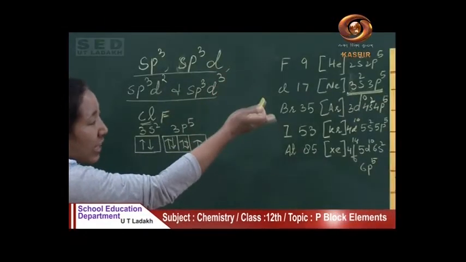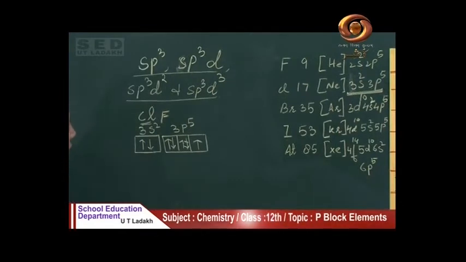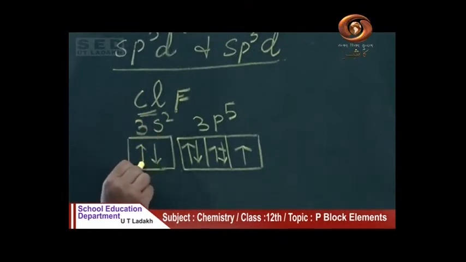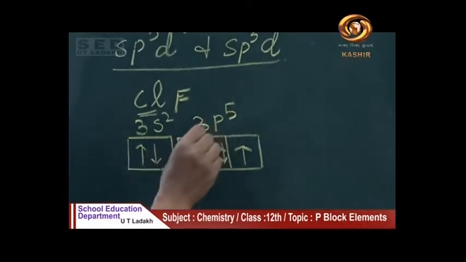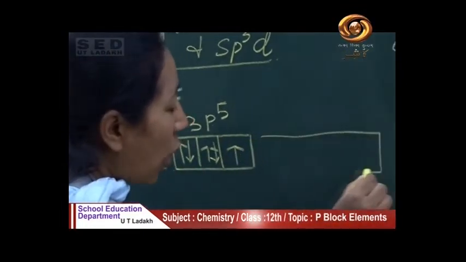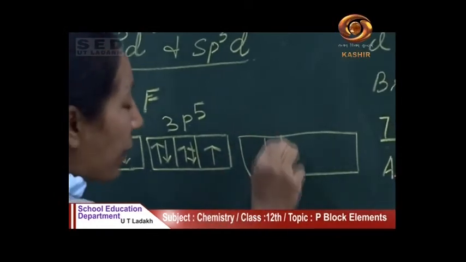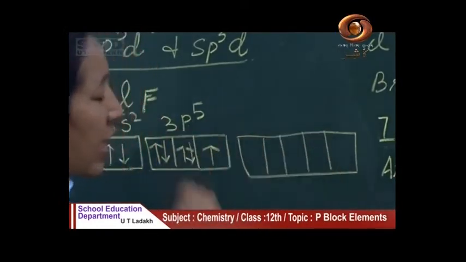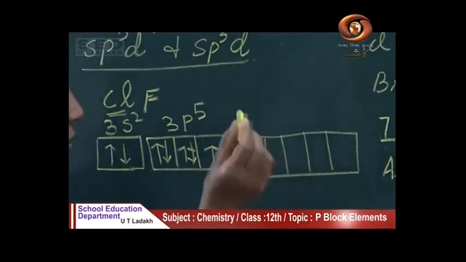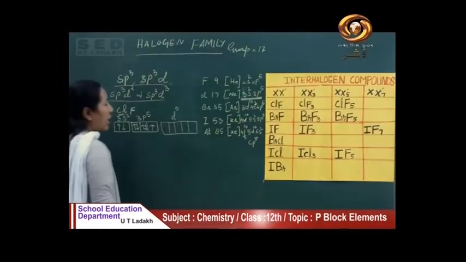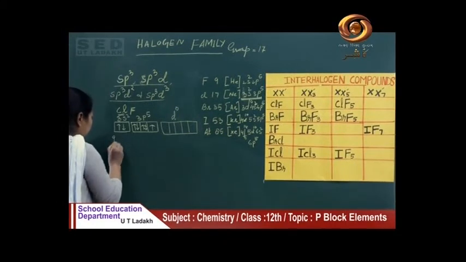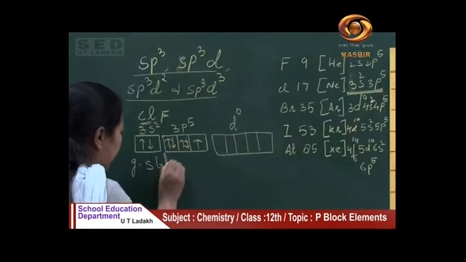These outermost electrons take part in bonding. So I will write here 3s2, 2 electrons fully filled, and 3p5, 5 electrons arranged like this. It has no d electrons. The d orbitals are vacant. This is in the case of the ground state.